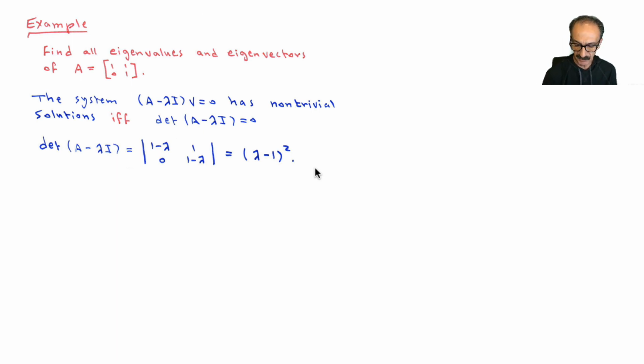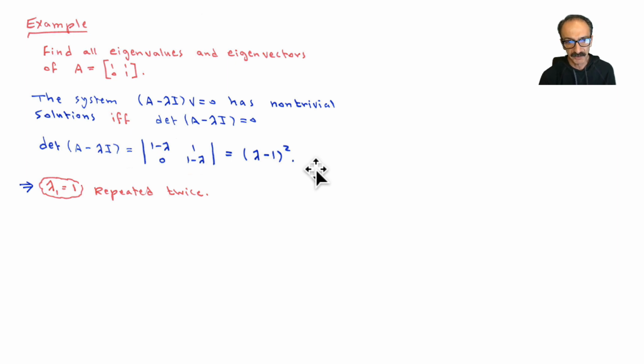If you set this equal to 0, you get lambda equals 1, but we don't get 2 lambdas here, if you notice. The first example was 2 distinct lambdas, 2 distinct vectors, 1 for each lambda. This example gives me 1 lambda that is repeated. So we have lambda 1 equals 1, we don't have lambda 2. We call it lambda 1 equals 1 repeated twice.